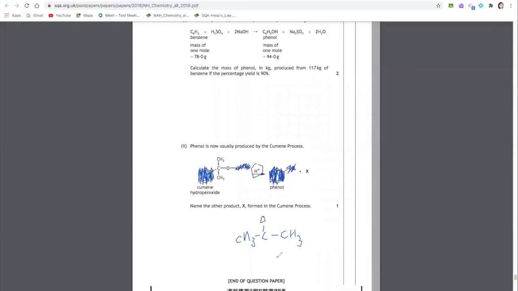We are adding a hydrogen ion, so it's most likely the hydrogen is going to go here, which means this oxygen will then form a double bond to that carbon. It's not the nicest looking carbonyl group that's ever been drawn. Okay, which means that you end up making propanone. Okay, and that's that.